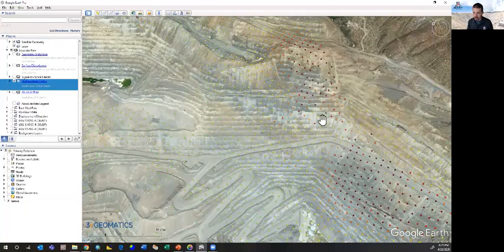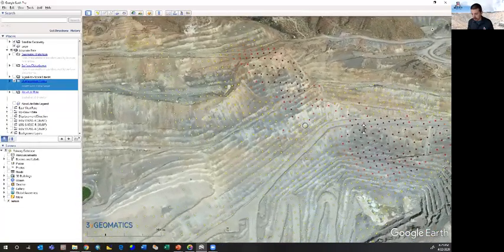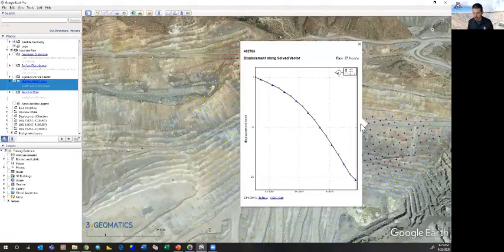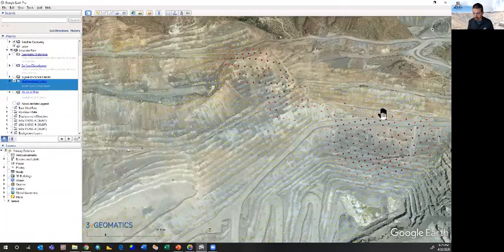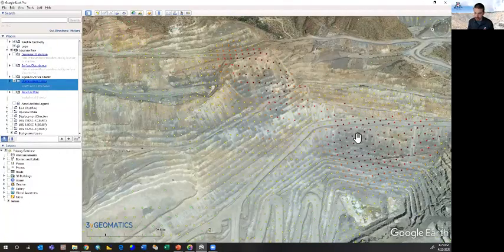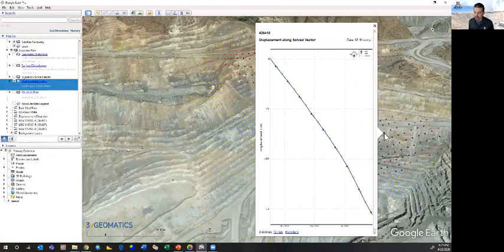However, if we look at this movement area down here in the lower part of the slope, the movement is quite a different shape. This would be progressive movement as it's slightly accelerating over time. Viewing this in Google Earth is a pretty easy, quick way to click around and see what's going on.